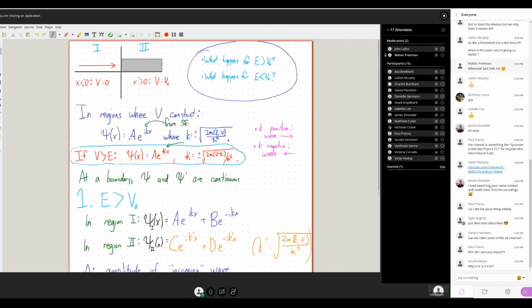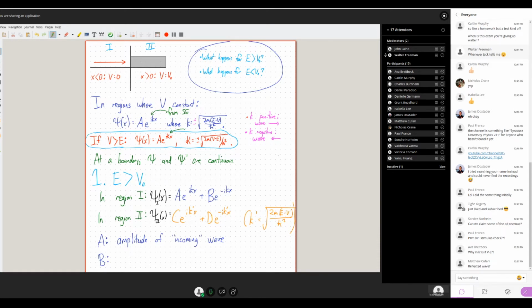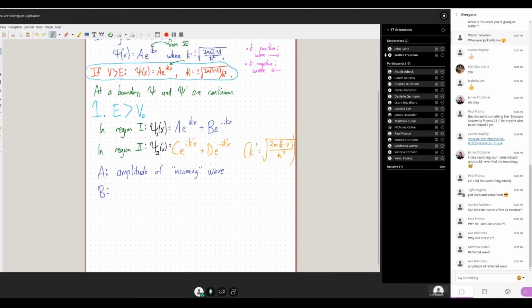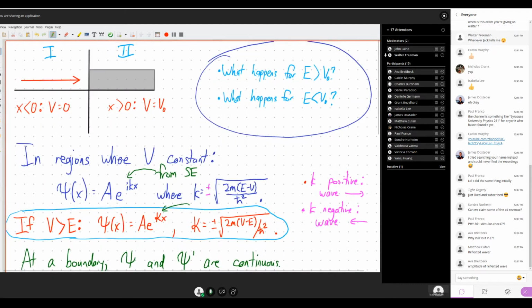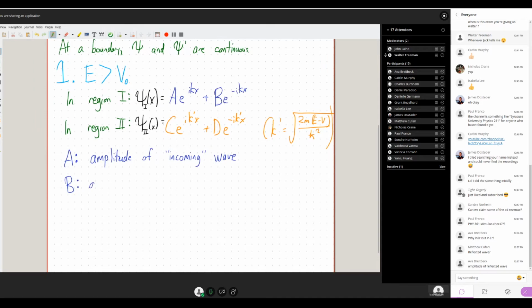So with that, what is B? What does that represent physically? Yep, the amplitude of a reflected wave. We're throwing electrons at some kind of potential barrier, created electrostatically, and some of those electrons are going to bounce off. So this is the amplitude of the reflected wave.